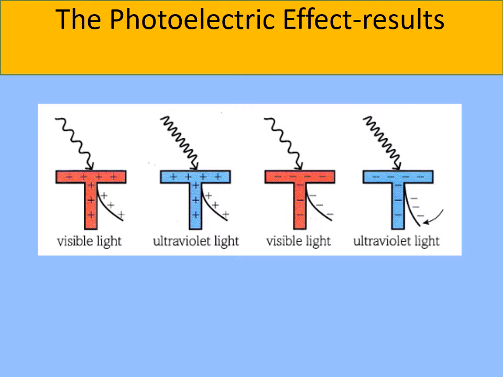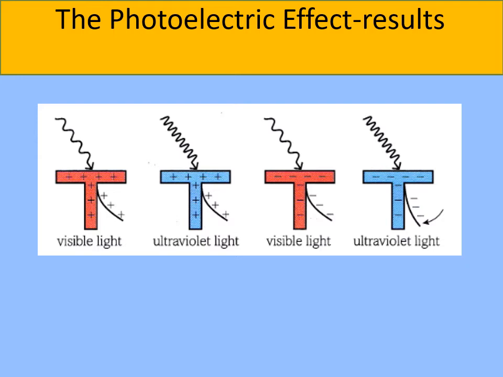However, when UV light is shone on the negatively charged zinc plate, the gold leaf falls back down to its natural position. This means that the UV light must somehow be discharging the electroscope. We started with negative charges on the plate, so the UV light must have somehow been releasing the electrons.